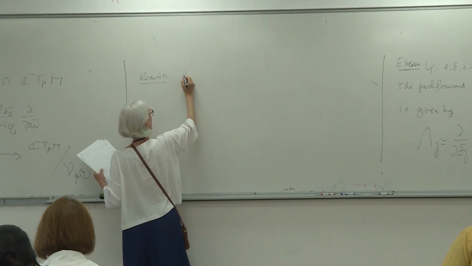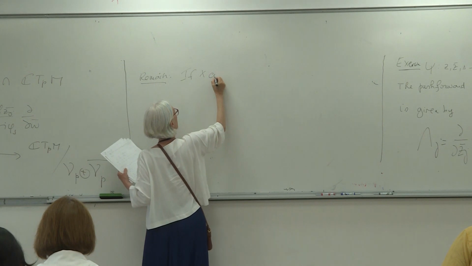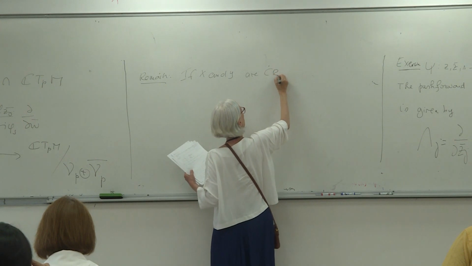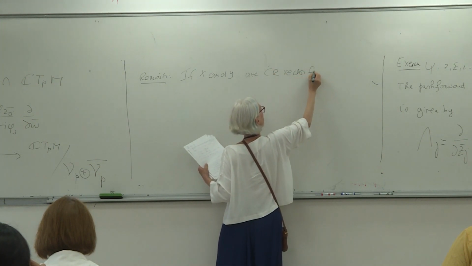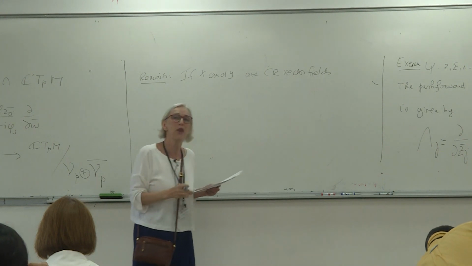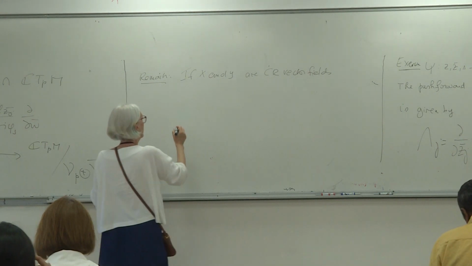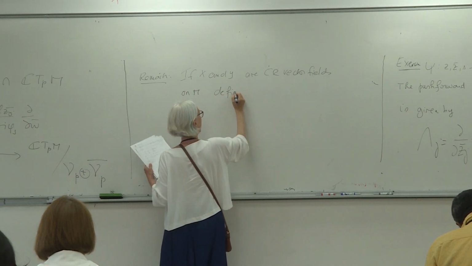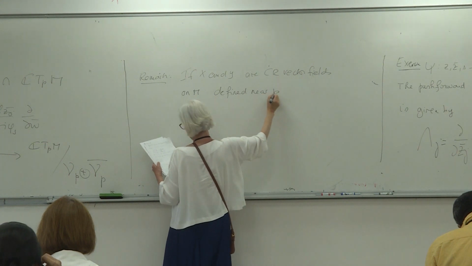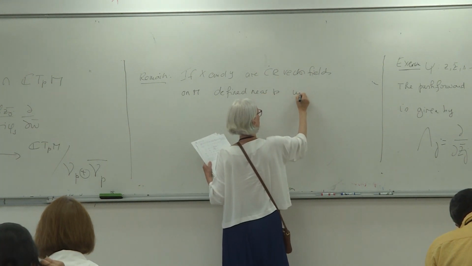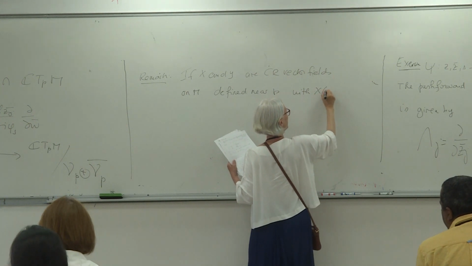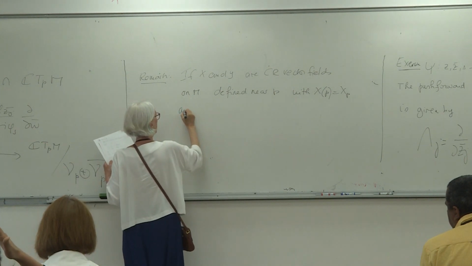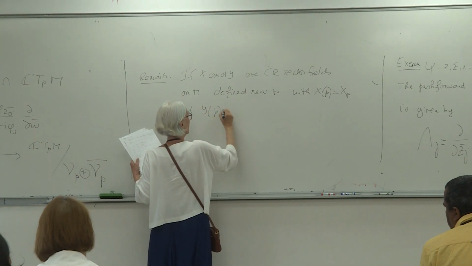If x and y are CR vector fields, that means with smooth coefficients depending on p in M, tangent to M, defined near p, with x of p, let's say you write x of p is xp, and y of p is yp.